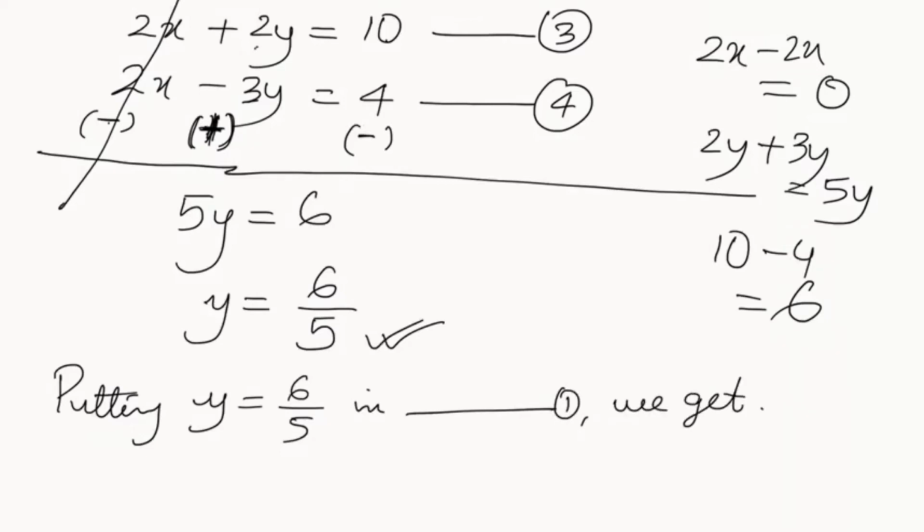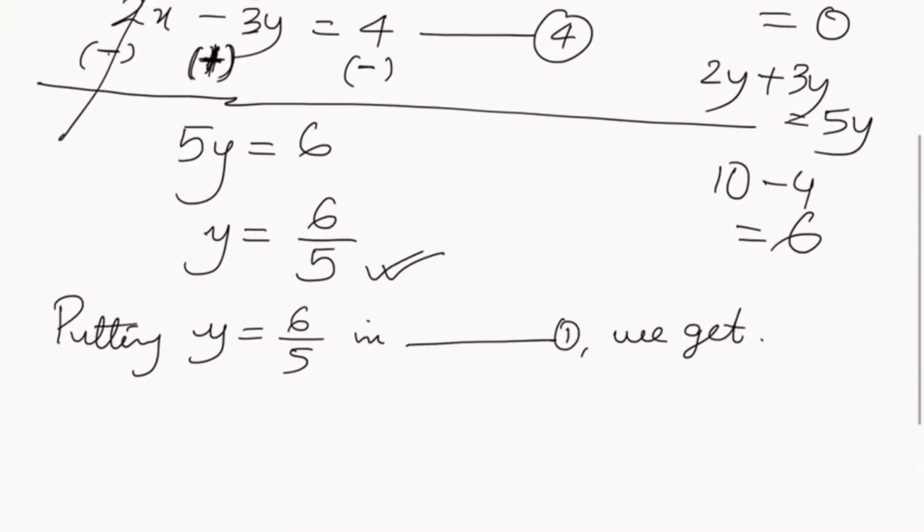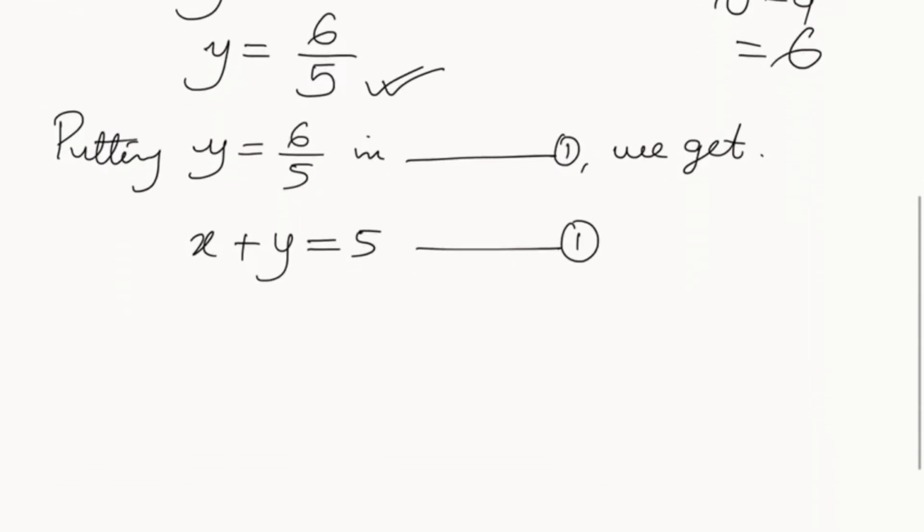Let's write equation 1: x plus y equals 5. Now we substitute y is 6 by 5, so x plus 6 by 5 equals 5. We replace the value of y with this.